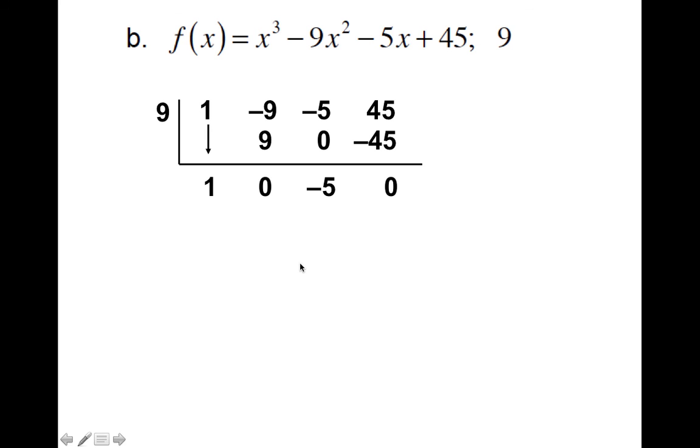So now we rewrite this using the x variable. So if this is x cubed, dropping it by a power of 1 would mean this is going to be x squared. But notice we have 0 x's. So what this is saying is we have x squared minus 5.